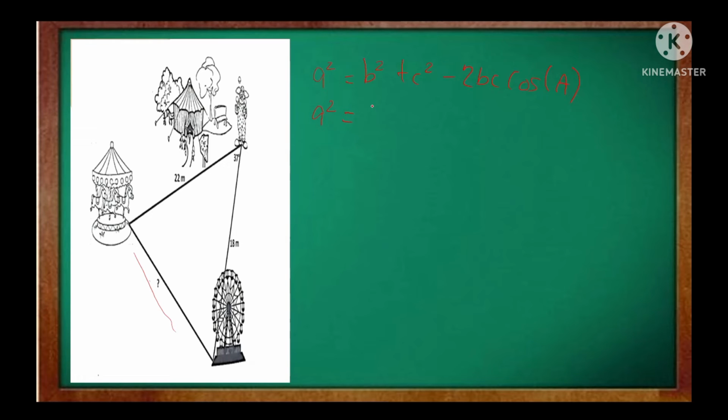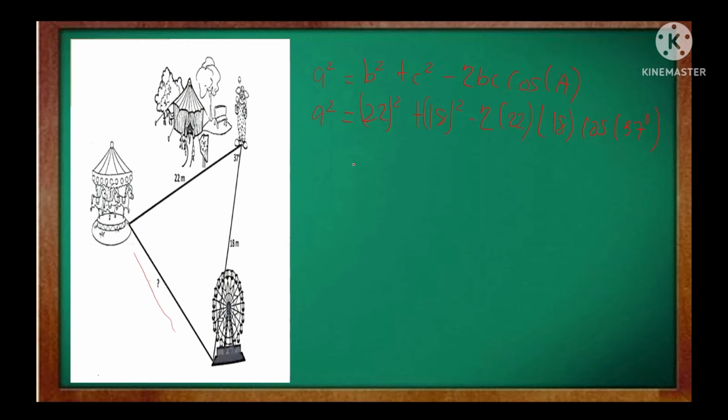So 22 squared plus, and our side C here is 18 meters. So 18 squared minus 2 times 22 times 18 cosine angle A, which is 37 degrees, which is the angle opposite our unknown, which is A.